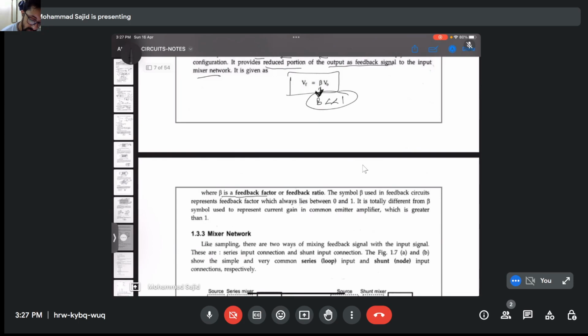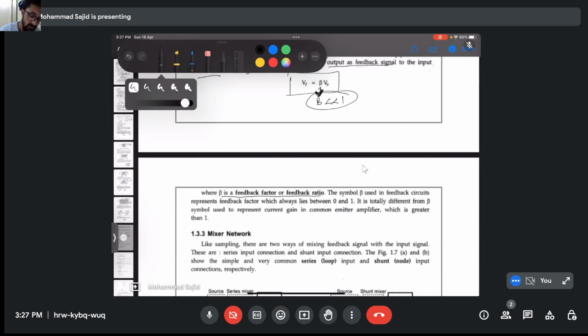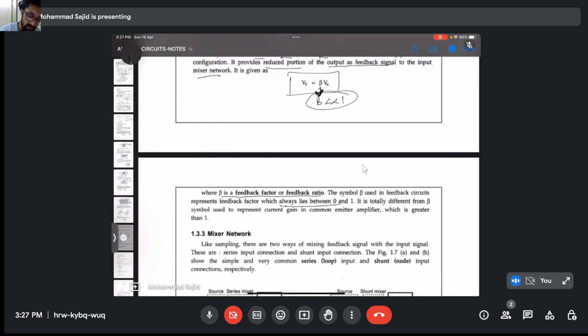Beta is the feedback factor or feedback ratio. The symbol beta used in feedback circuits represents the feedback factor, which always lies between 0 and 1. So don't confuse it with the beta that is the current gain in amplifiers.